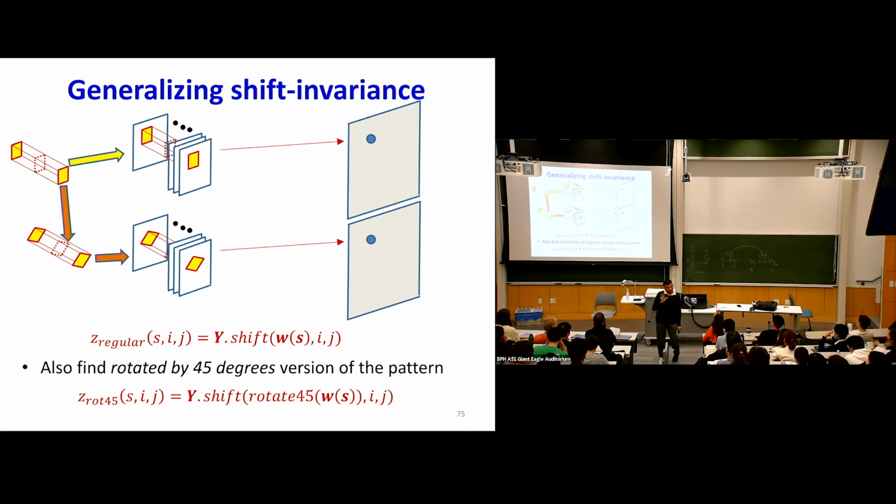But if I want to find this pattern regardless of whether it's this way or rotated by 45 degrees, I take the same filter pattern, scan for it, but then I rotate this filter pattern by 45 degrees and also scan for it.